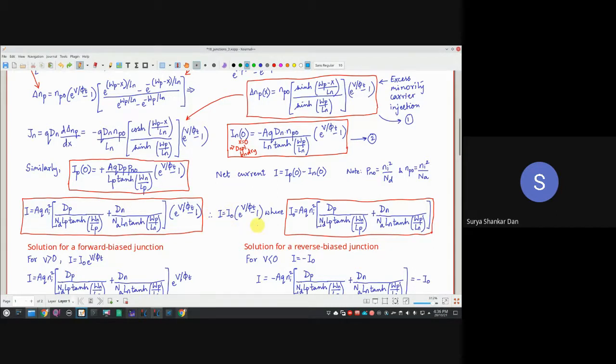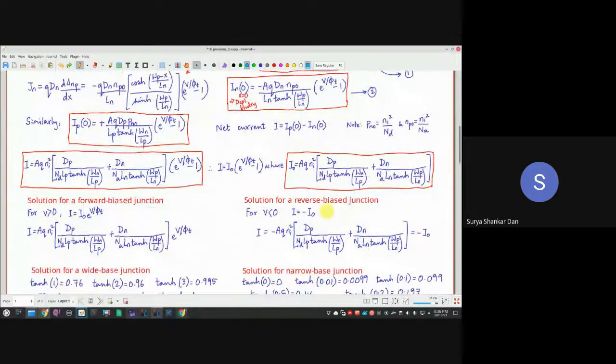This is a relation which you must have observed and studied in your BTech. The internal model of this I0 is this. We have seen how we have derived it from scratch. Now notice something: if this V is less than 0, remember the order of phi t is 0.026 volts at 300K. I'm not writing that.